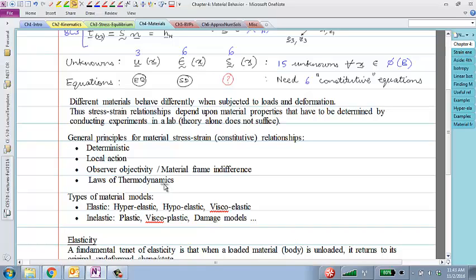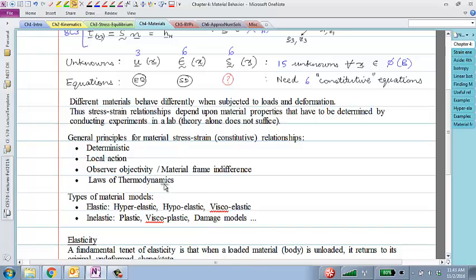So let me ask you this. How many laws of thermodynamics do we have or do you know of? Two, okay. Well, I guess there is a zero. Well, let's first talk about the first law of thermodynamics. So what's the first law of thermodynamics? Conservation of energy. So that in a closed system, you cannot create or destroy energy.